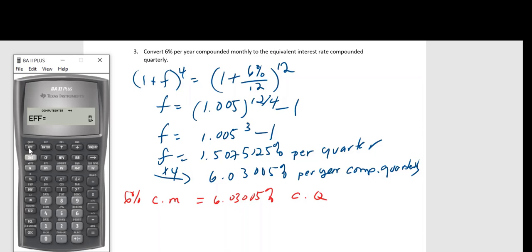Press compute to get the effective rate or the yearly rate. We're looking for compounded quarterly, so we need to change this effective rate back to quarterly. Press the down arrow button. Change the compounds per year to 4. Press enter. Press the down arrow and press compute under the nominal window to get 6.03005% compounded quarterly.